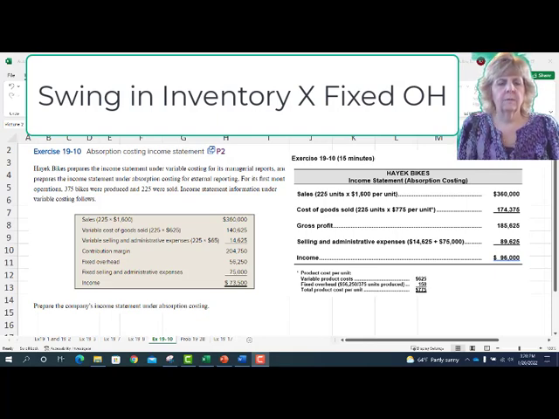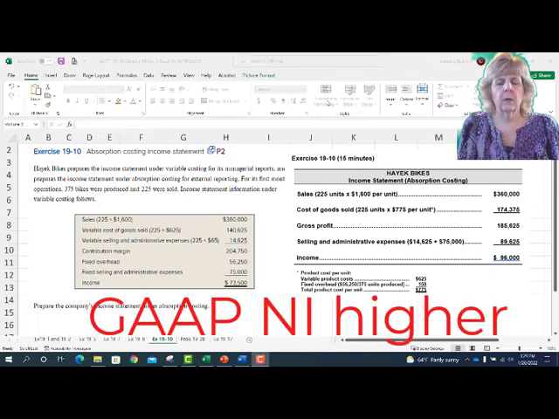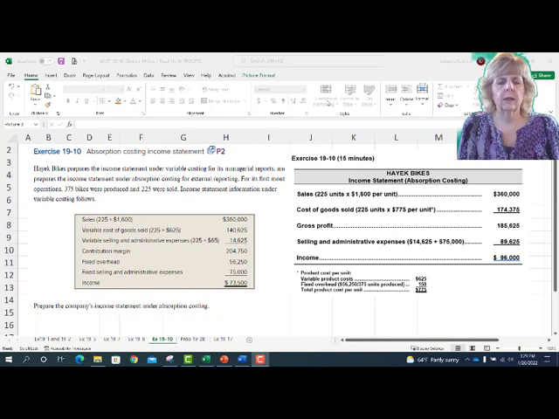I would get the fixed overhead cost per unit. I would predict what my net income would be. And remember, we're used to doing the absorption costing first. So this time the absorption costing will be higher by that amount. Give it a shot. Check your answers very carefully. And of course, let me know if there's any questions.